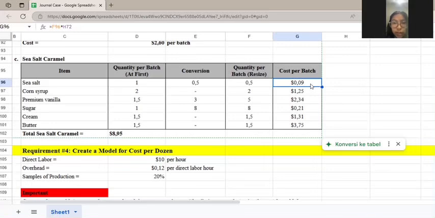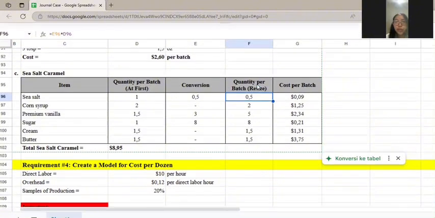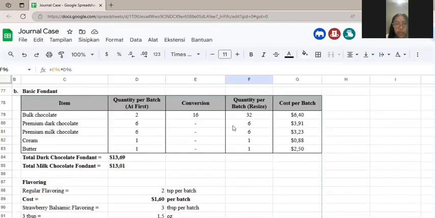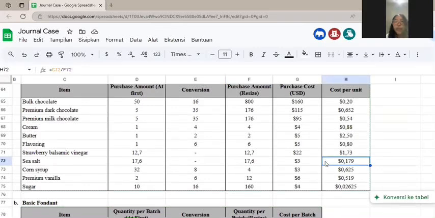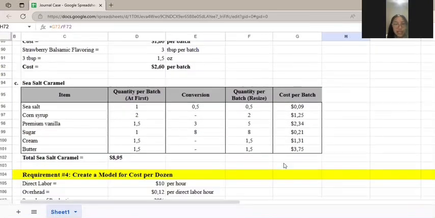For example, sea salt, the quantity per batch is 0.5, and then we multiply it with the ingredient cost. The ingredient cost we can see again in the first table for requirement 3 for the sea salt. Yes, we multiply it with that. And then back again to table C.